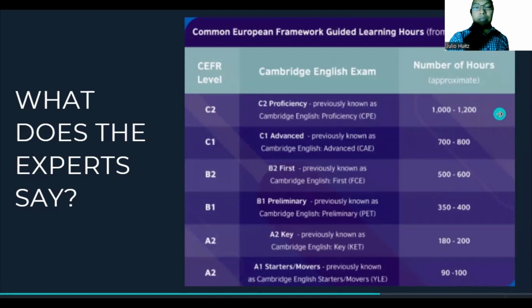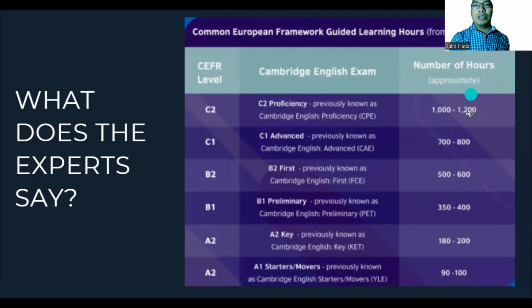And just check how many hours you must be involved or surrounded by the English language to start with an A1, and consider that to become a master in English, you must reach level C2, which is this one here.